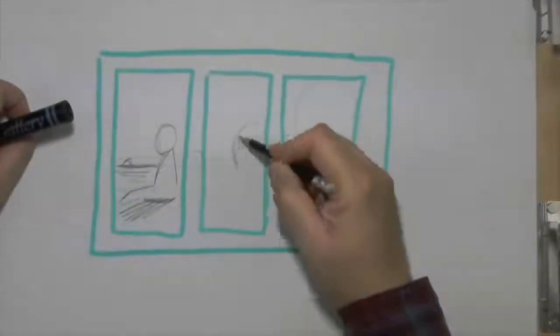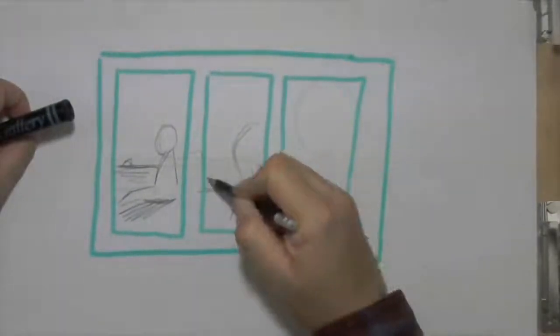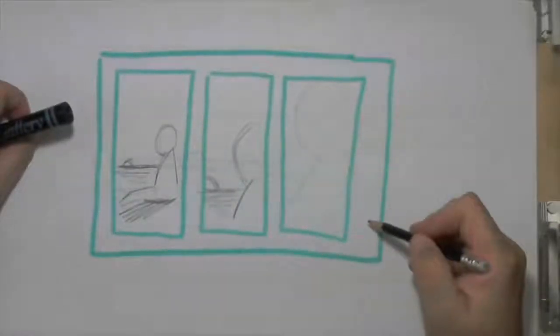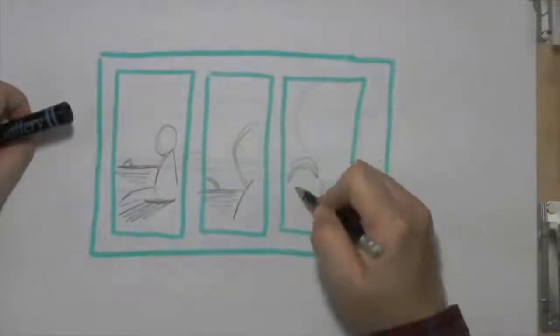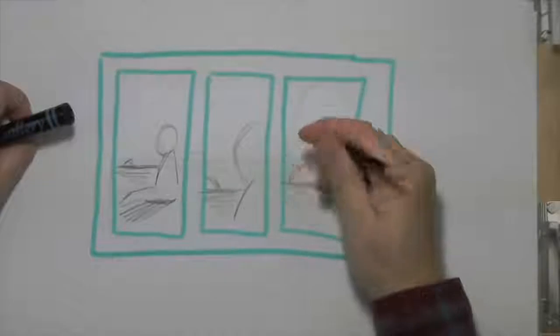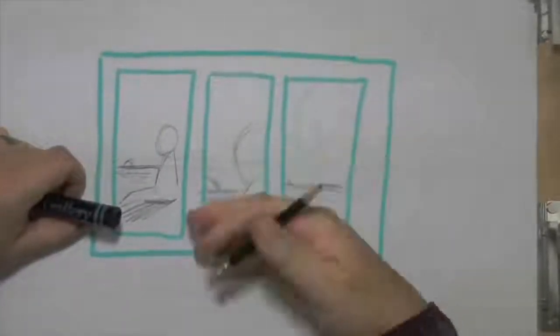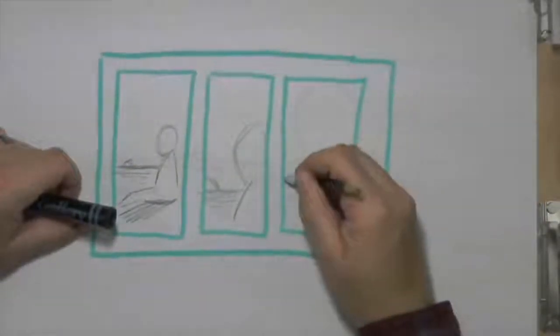Maybe I'll do a little closer up this time of the person, the water off into the distance. And then maybe I'll just show the sun. Maybe just have a small part of it peeking up from the water. Just a little bit left before it's gone for that day.